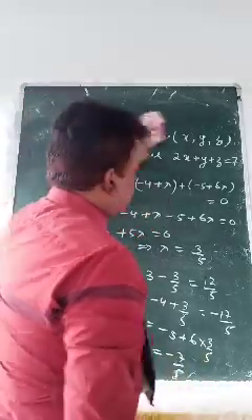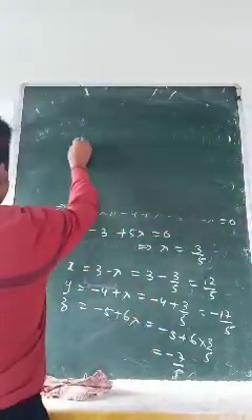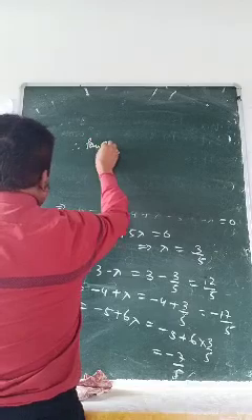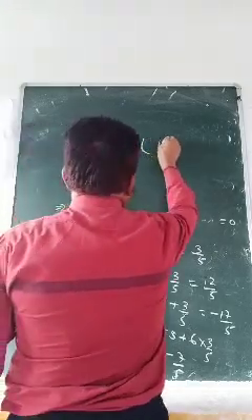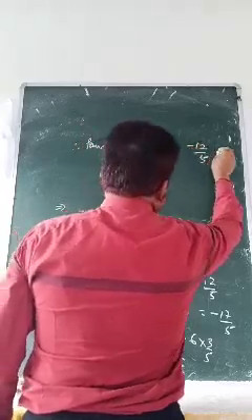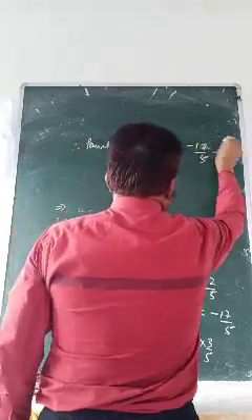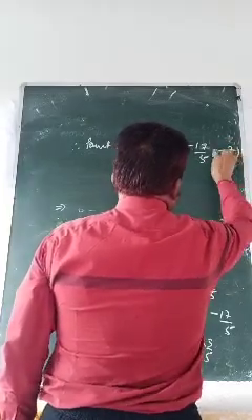Therefore, the point P equals (12 by 5, minus 17 by 5, minus 7 by 5).